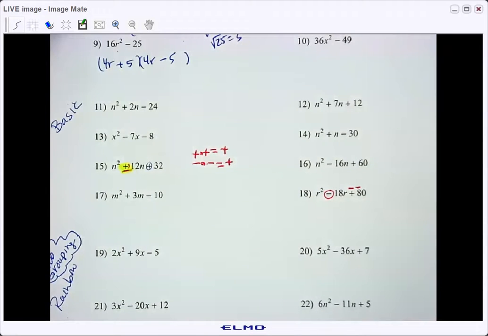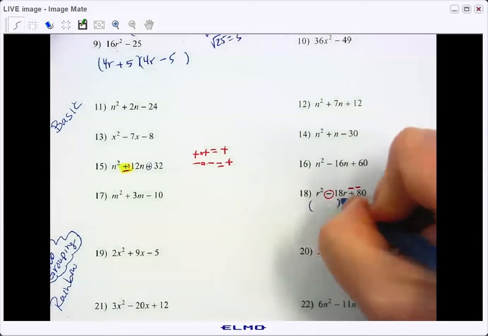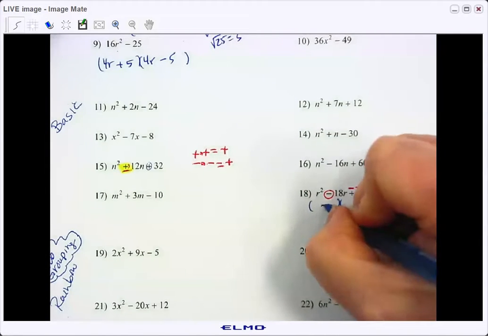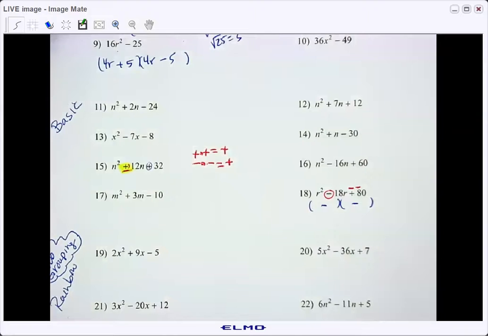So I know that both my signs are negative. Now, I don't teach doing the signs first. I'm just doing this so you can understand that I already know I'm going to have 2 negatives.